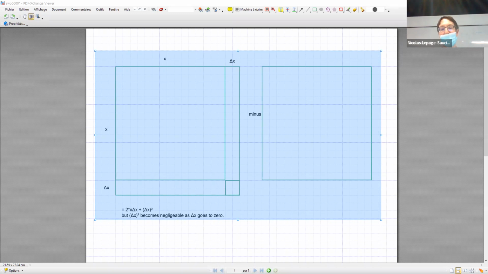So I can just keep x here. And here I have the f of x, which doesn't change as I go to the limit. So I can just finally get this.